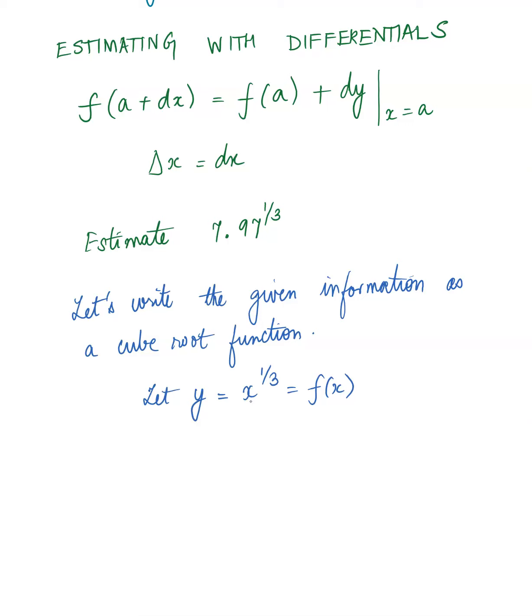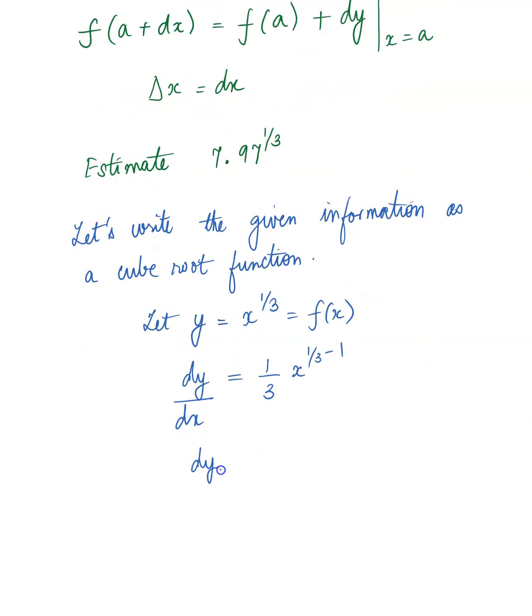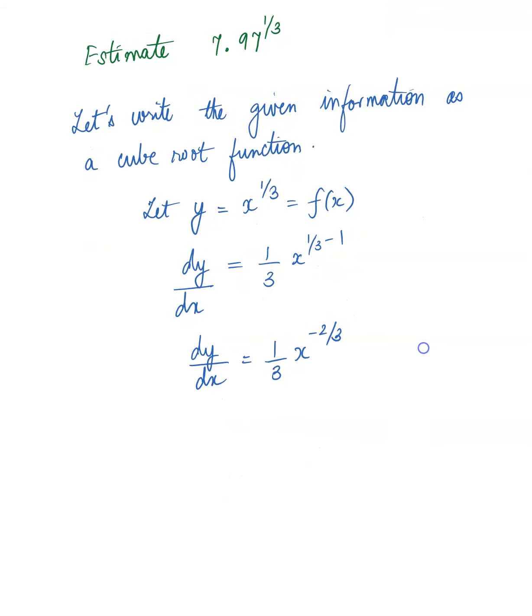But just before that, let's take the derivative of this, or find the differential of this. Dy will be, in fact, I can show you dy over dx first. It's 1 over 3 x power 1 over 3 minus 1, isn't it? So dy over dx is 1 over 3 x power negative 2/3. And we can bring that down. So dy over dx is 1 over 3 x power 2 over 3.